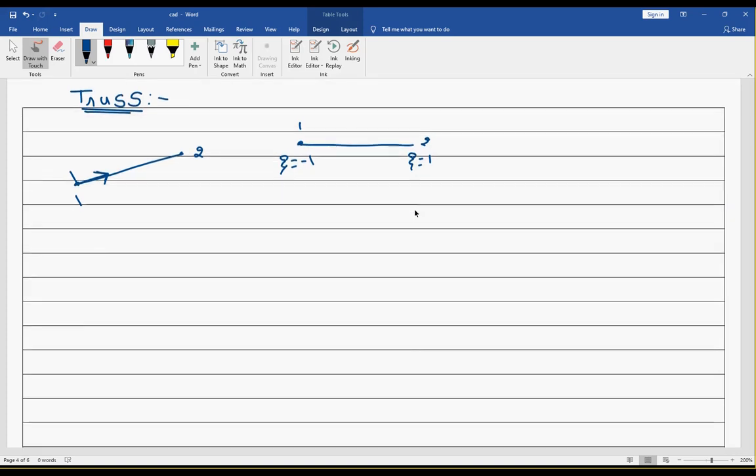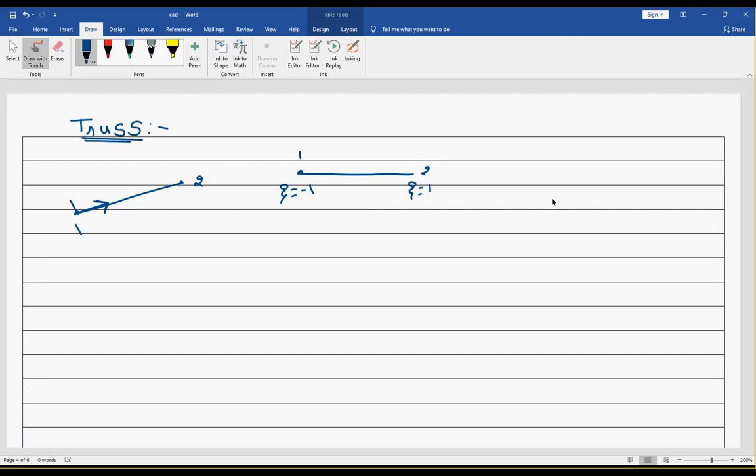Okay, so we'll try to formulate a few things. First of all, my truss could be of any inclination. This is node 1 and this is node 2. Since the axis I am taking, or its coordinate, is along the length of that particular truss, sigma will also be along the length of the truss.